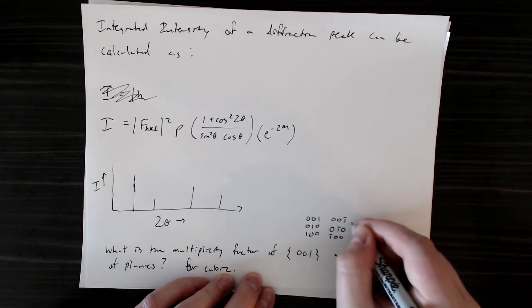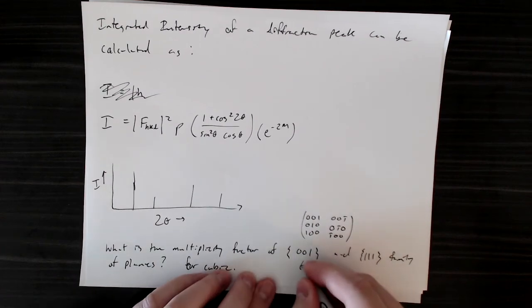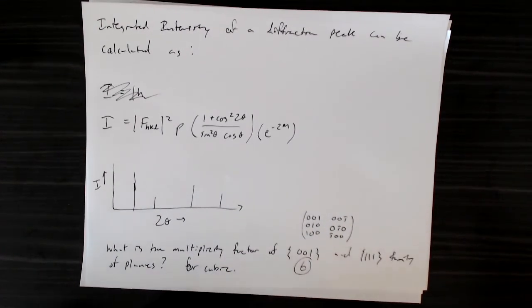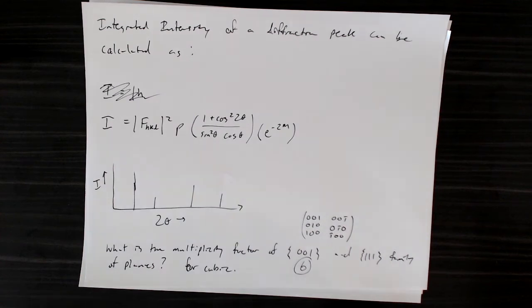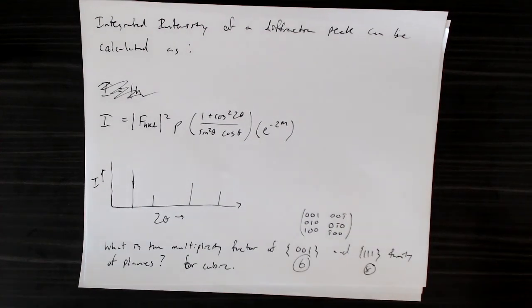This gives us 6 for the 001 type. We can run through the same logic looking at the different permutations of those values for 111, and if we do that, we find that this is 8.